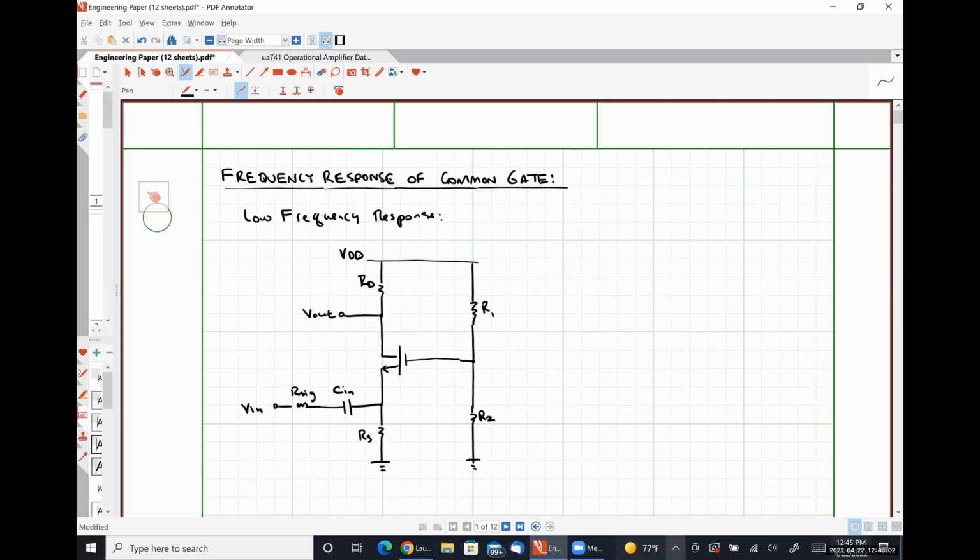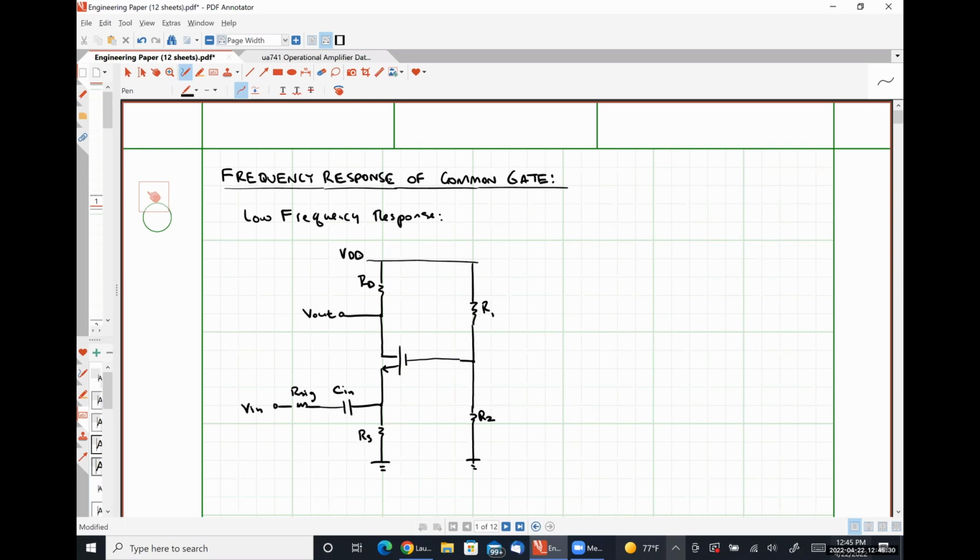So how does this really differ from the fully biased common gate amplifier that we dealt with in 335? Yeah, the capacitor there is no longer short circuit. That's literally the only difference, okay?